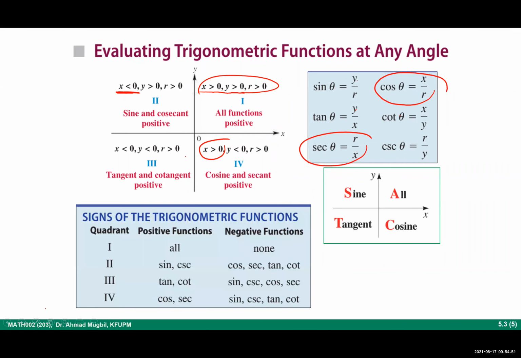Or we can write it in short like this: all, sine, tangent, cosine. In other words, you can say all students take calculus, or all students take chemistry if you want. ASTC.